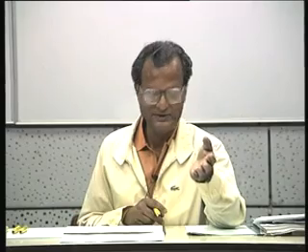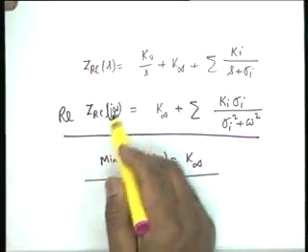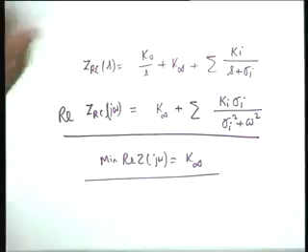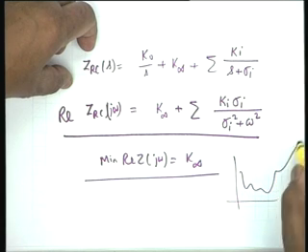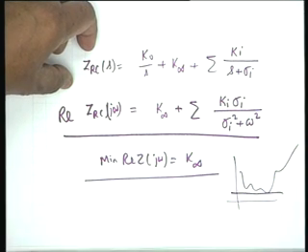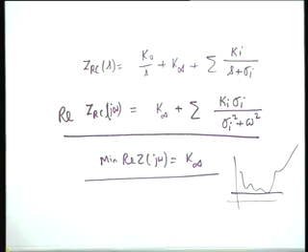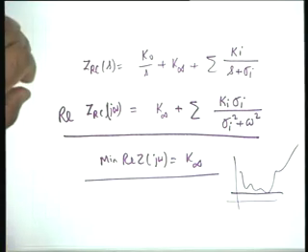And we showed in positive real function testing that this is an important quantity. This has to be non-negative. We also showed that for any positive real function, if the real part on the j omega axis varies like this, then the global minimum value we can remove, without the function becoming non-positive real.